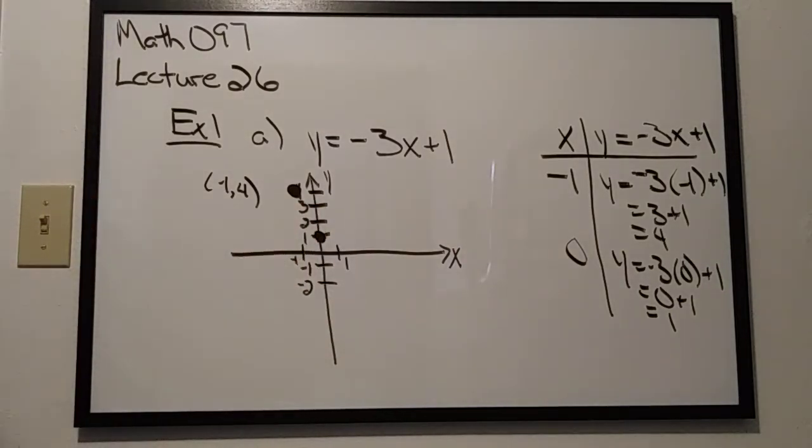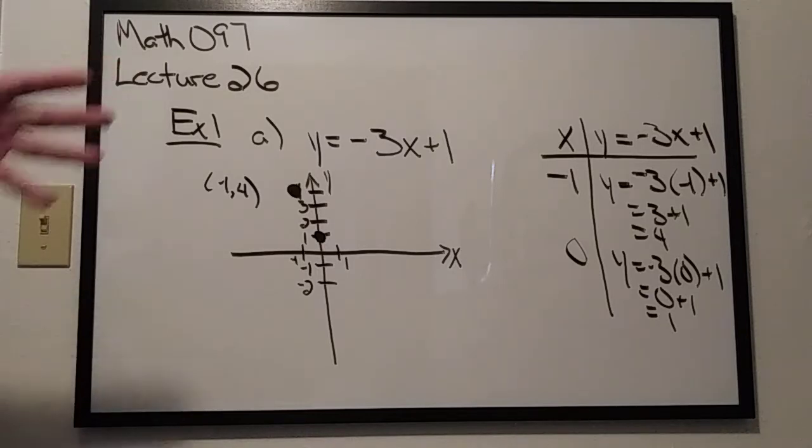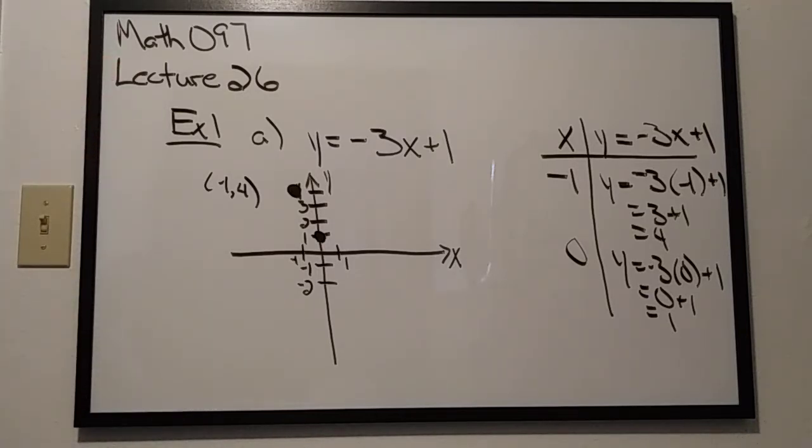So the question at this point is, do we have enough points? Ultimately, the answer is yes. However, your author really likes you to calculate 3 points, to give you a chance to check to make sure that nothing weird is happening on the other 2 points. So let's go with the author on this one and find another point on this graph.